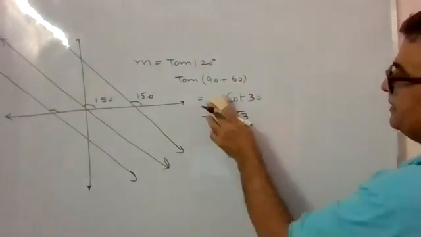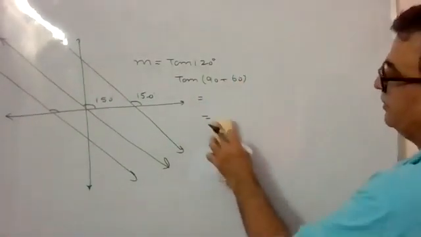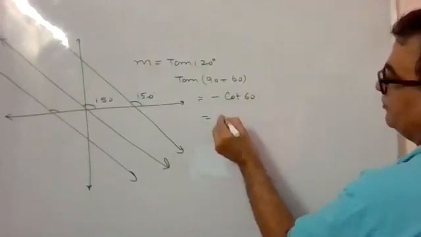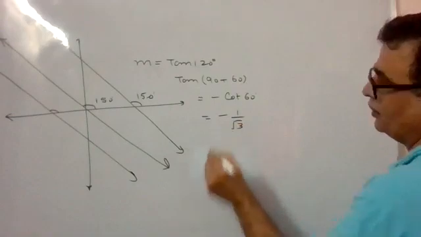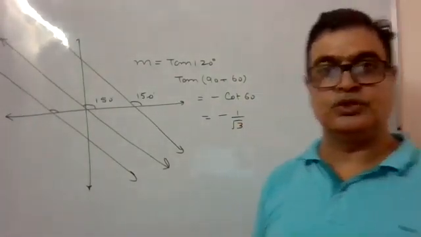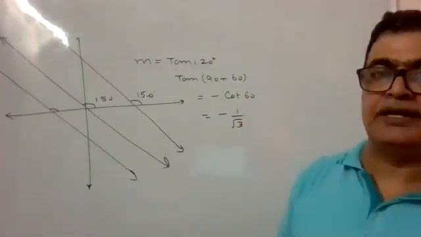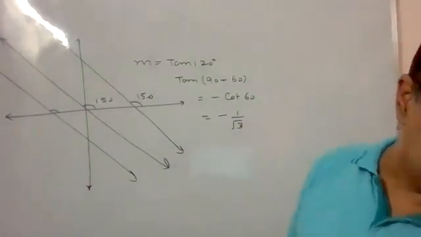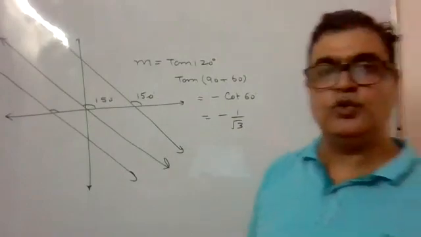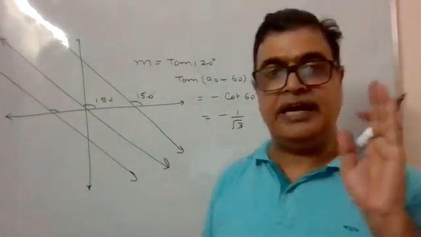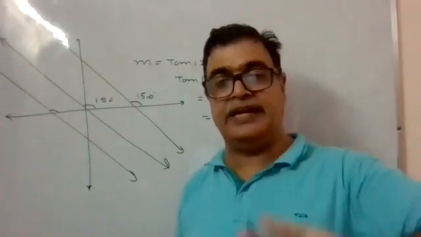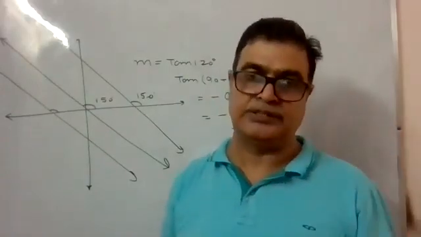So it will come tan 90 plus 60, minus cot 60, minus 1 by root 3. So the slope of the line comes out to be minus 1 by root 3. So this is the one way you can get the slope of the line when angle with the positive direction of x-axis in anti-clockwise sense is given to us.